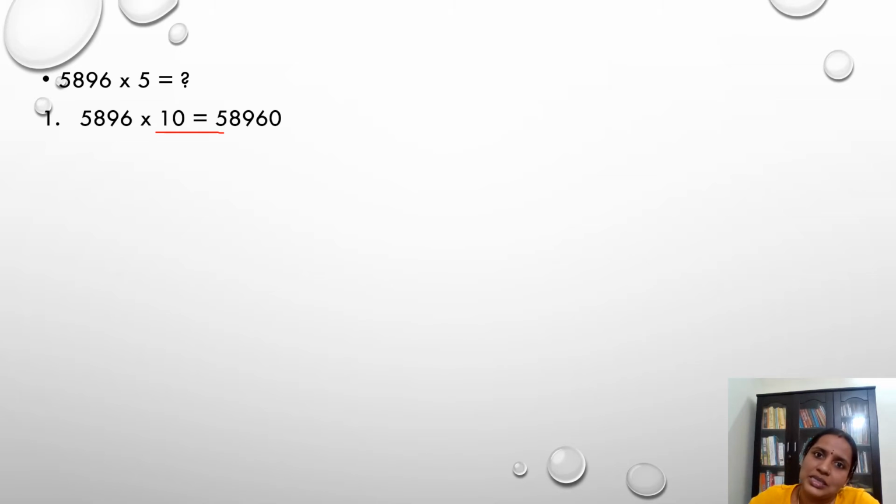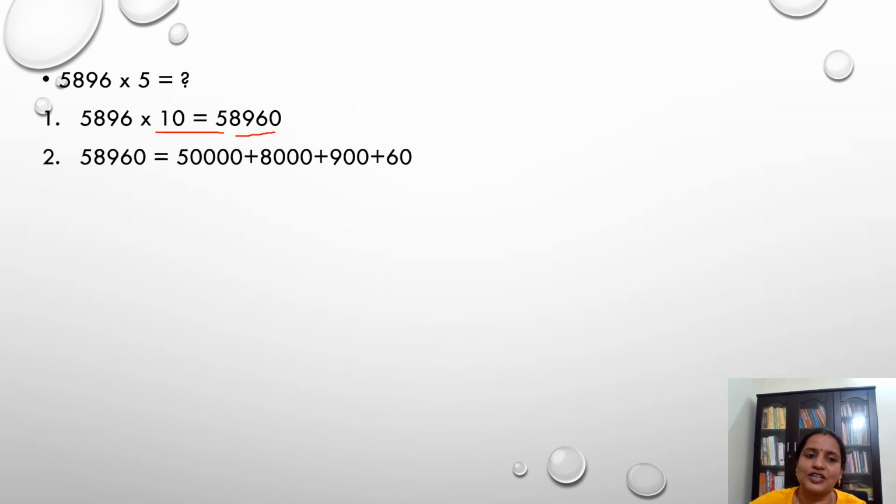Next step, what is the next step? I have to give the expanded form of this number, the multiple of 10, which is 58,960. So expanded form of 58,960 is equal to 50,000 plus 8,000 plus 900 plus 60.